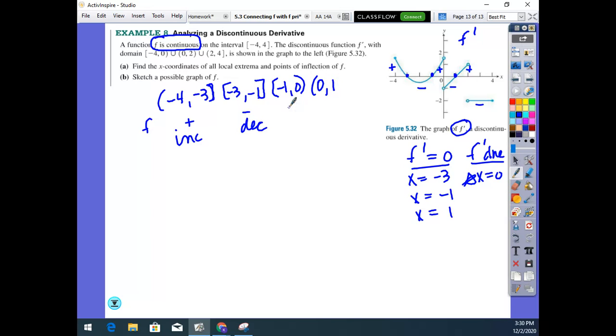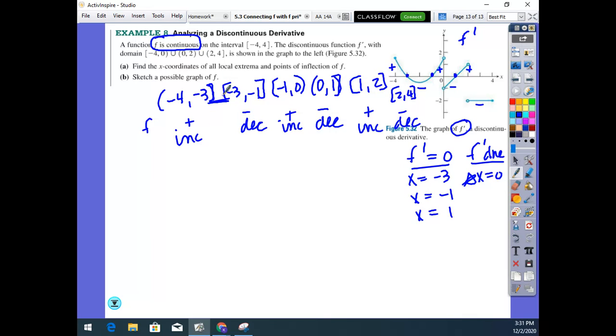Oh wait, -1 to 0 is positive, so it's increasing. From 0 to 1 is negative, so it's decreasing. And then 1 to 2 is increasing, and 2 to 4, negative, decreasing. Whew. So sometimes this sign chart really helps you organize your thinking. Be very careful. Always make sure these match. Where this one ends, this one begins.